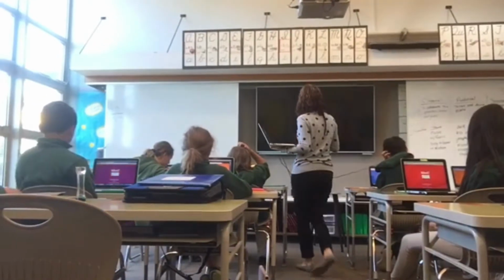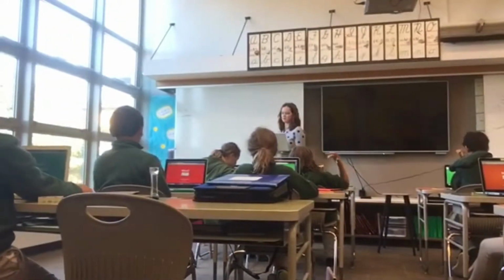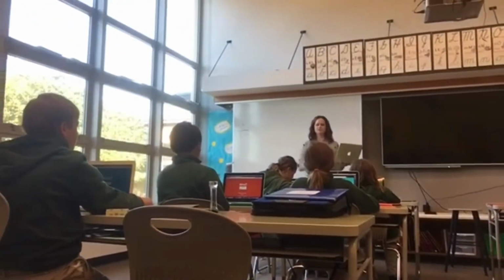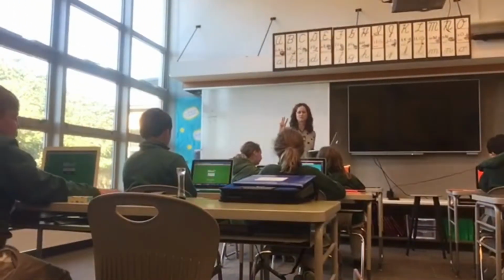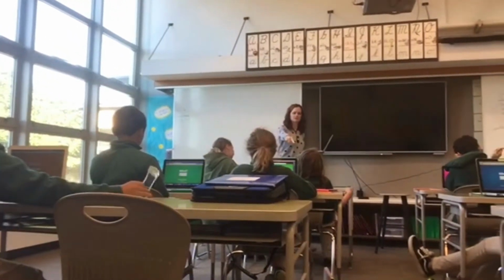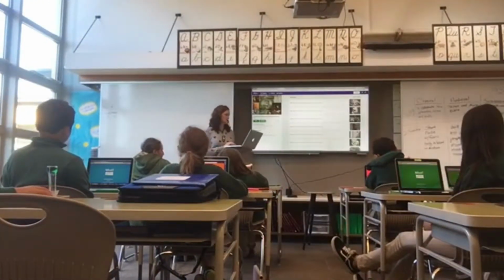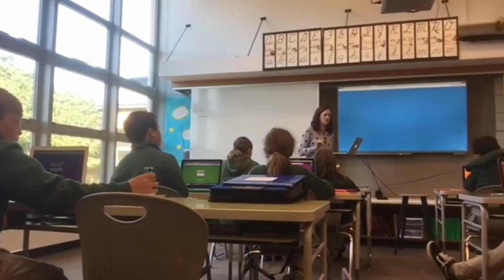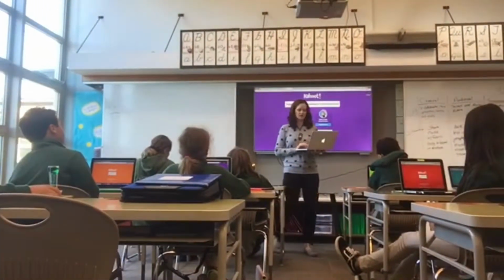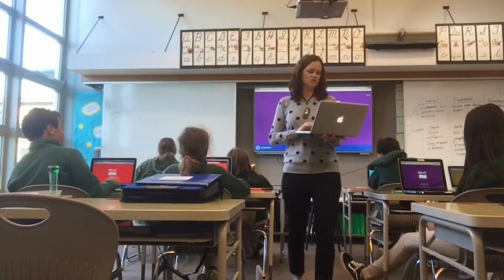Okay, so now we are going to see our objective. What was our objective? Do you guys remember? There were 3 different time periods that we looked into. What were the 3 time periods? Classical, medieval, and Renaissance. Okay, so now this is independent. You guys are going to go on your Kahoot, and I need to check to see what you know.